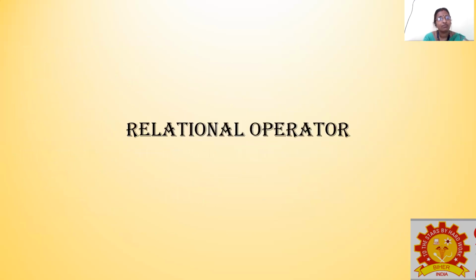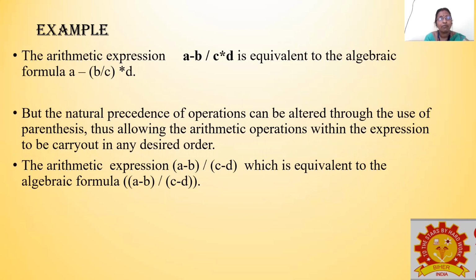For example, take the arithmetic operation a - b / c * d. Here the higher precedence operators are division and multiplication. But since both appear in the same statement, we have to follow the associativity. By associativity rules, we first divide b by c.